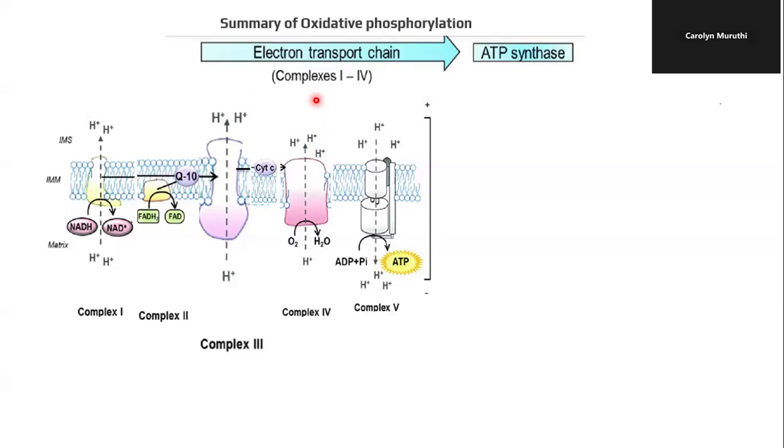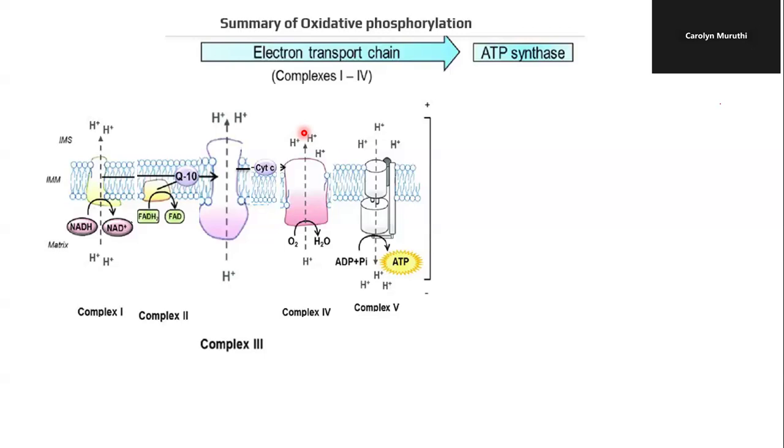When it comes to FADH₂, let's see how many hydrogen ions will be pumped out. That is 4 and another 2. That's a total of 6 protons pumped when the electrons from FADH₂ are passed across the complex.